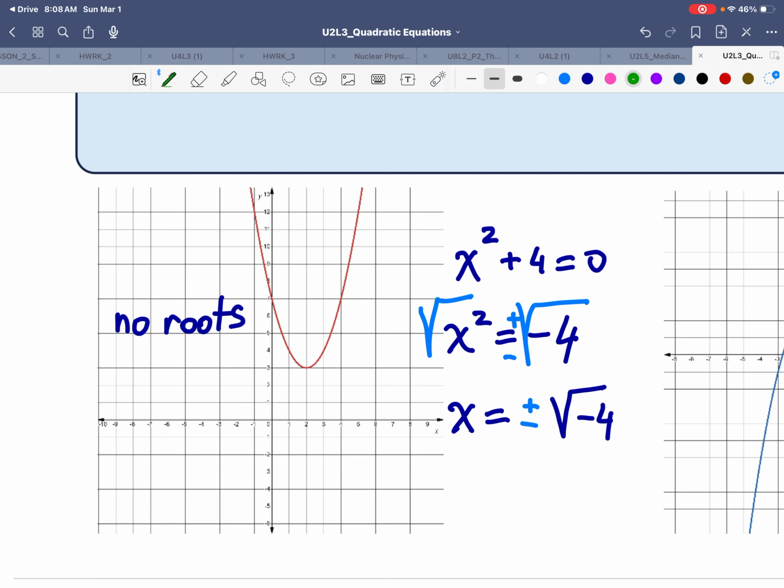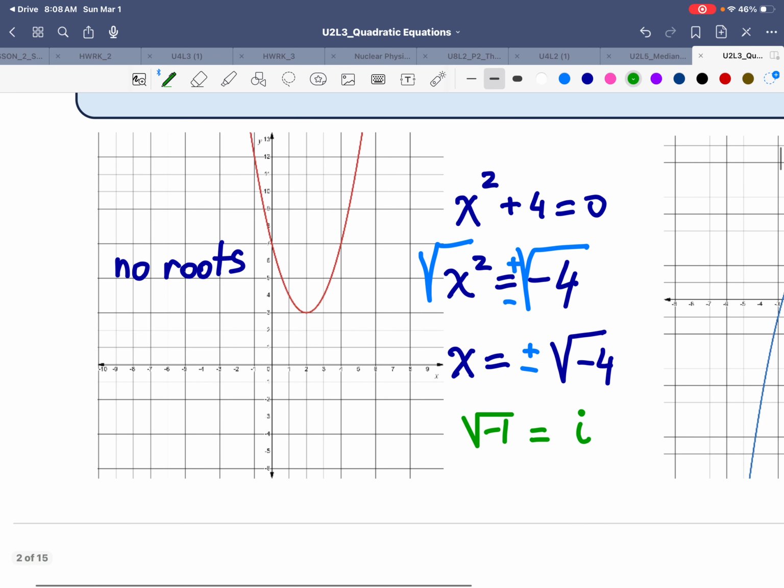Now, there are numbers that don't exist in the set of real numbers, and the smallest of them is the root of -1. The root of -1 is what we call an imaginary number, and it is called the number i, which is short for imaginary. Now, why do we consider such numbers?